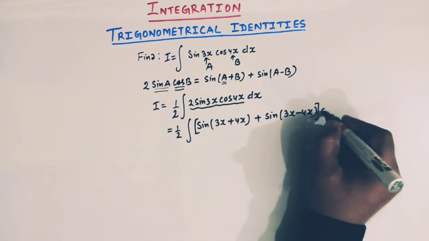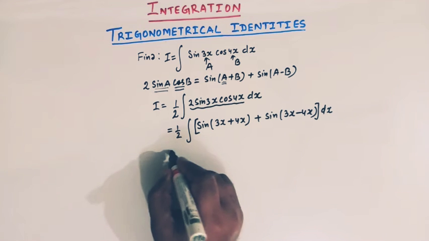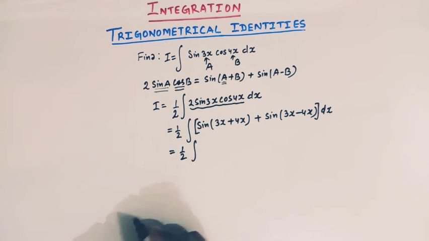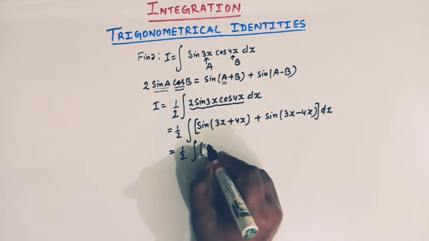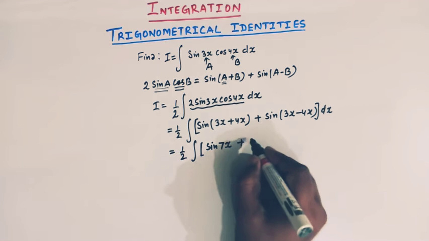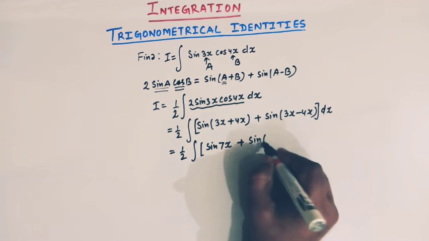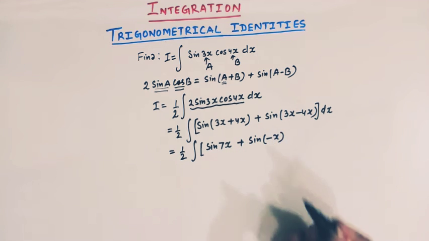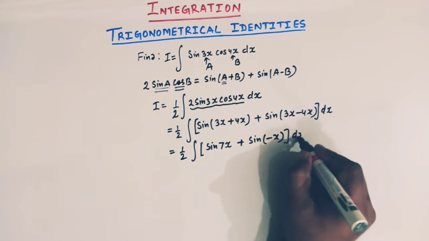Okay. Now we can simplify it. We have half integral. Now this becomes sine 7x plus sine, this is 3x minus 4x, so we have minus x, right, and dx.